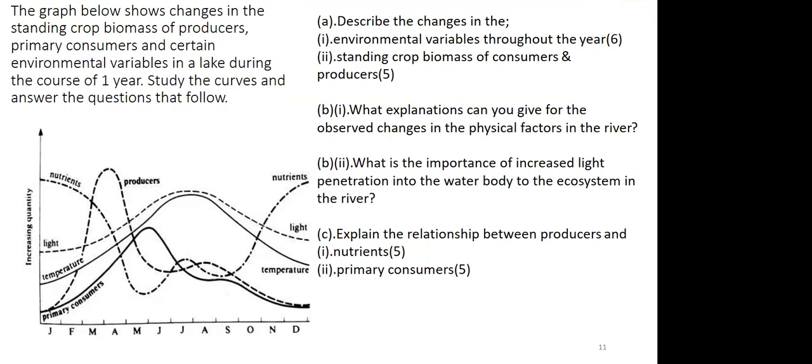Then from mid-March to around July, it also increases gradually. Then from July to December, it's decreasing gradually. That's for light. Then for temperature, from January to July, it's increasing gradually. Then from July to December, it's decreasing gradually. Yes, I think that's what I have.